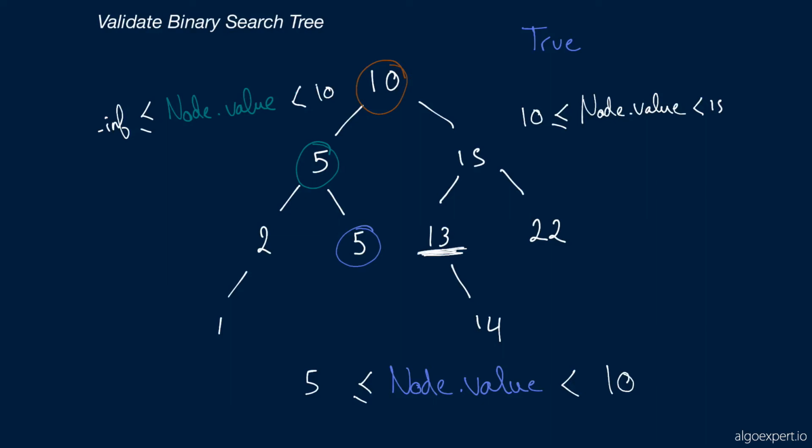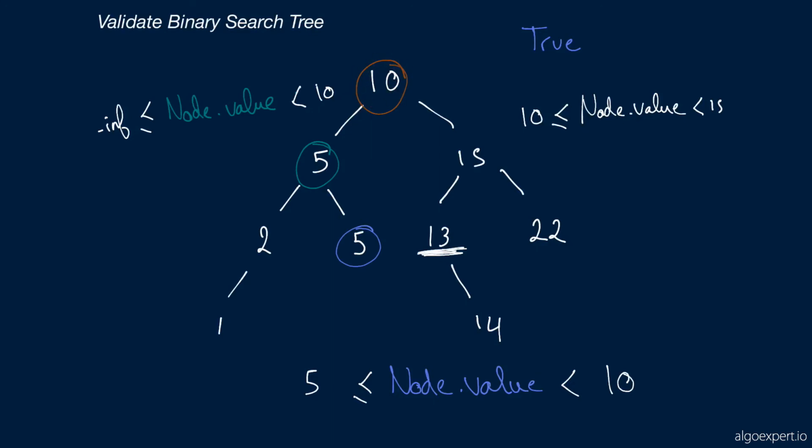And so that's how we can narrow down the minimum value and the maximum value for each node. And that's how we can, in a divide and conquer approach, validate every subtree to then validate our given subtree that starts at the root node.